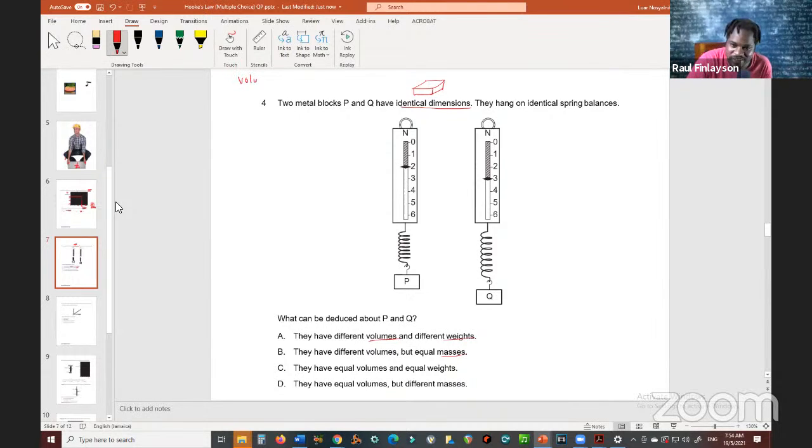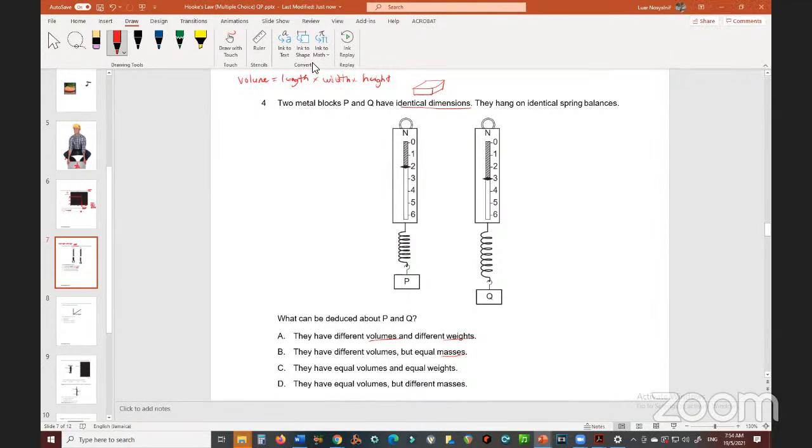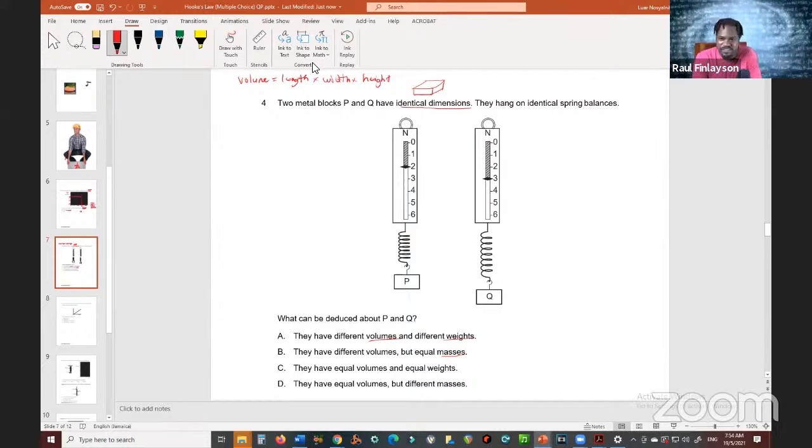Volume is length times width times height. So if the dimensions are identical, whatever P is, Q is the same thing.